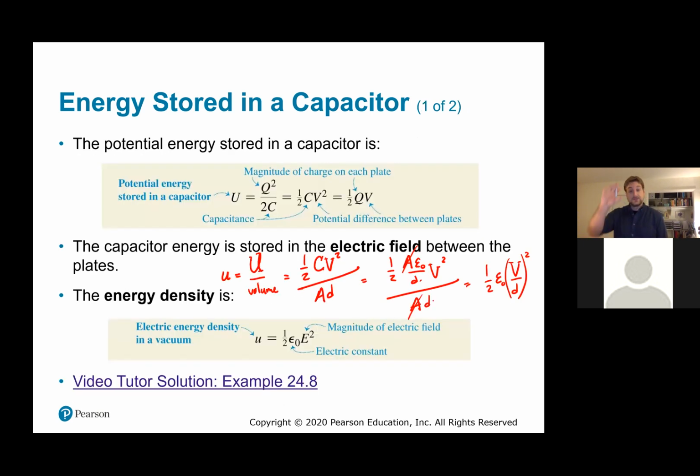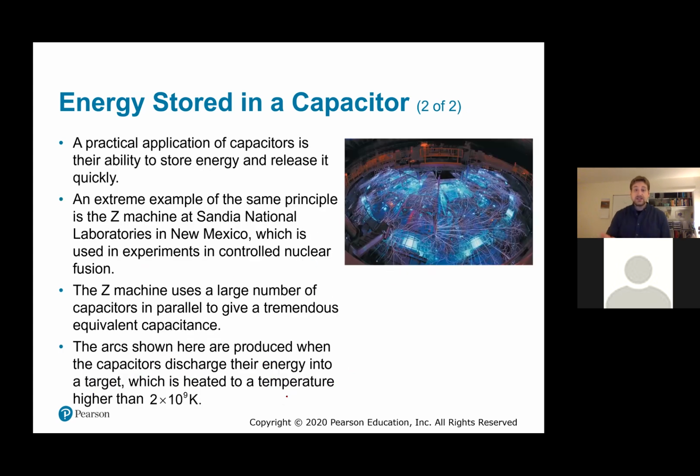So we could replace V over d with the electric field magnitude, and yeah, we end up with that expression. There's no need for me to write it again. It's right there. How much energy can we store in a capacitor or a capacitor arrangement?